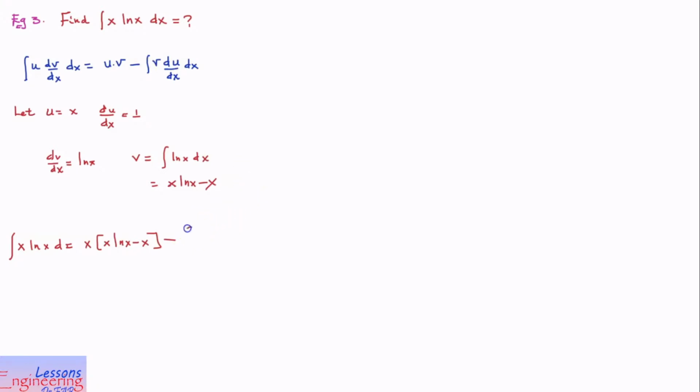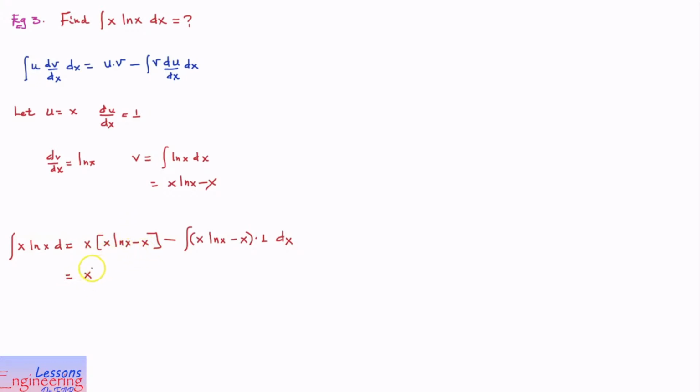So the integral of v, which is x ln x minus x, times du by dx, which is 1, times 1 dx. Okay, now I can continue from here. I can cross multiply this.